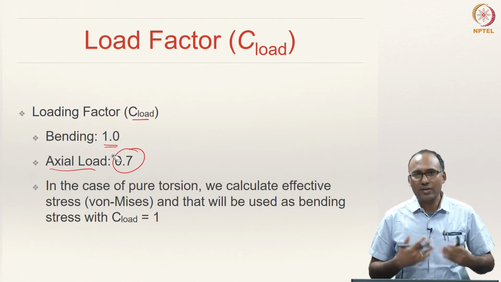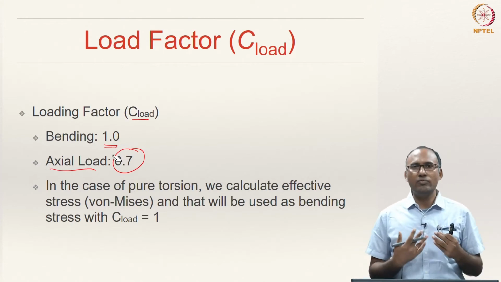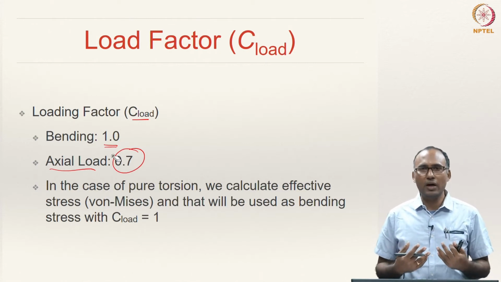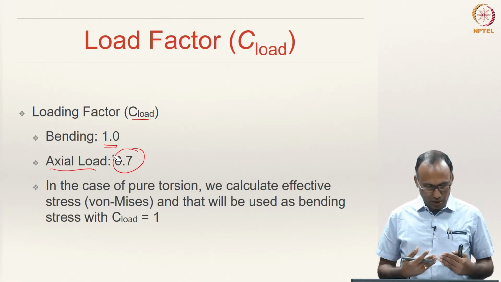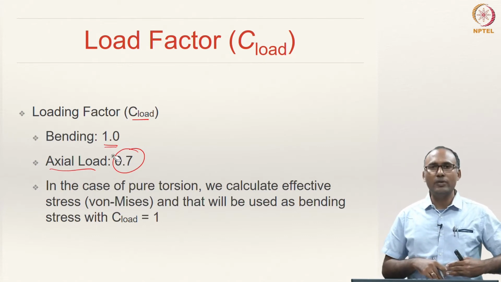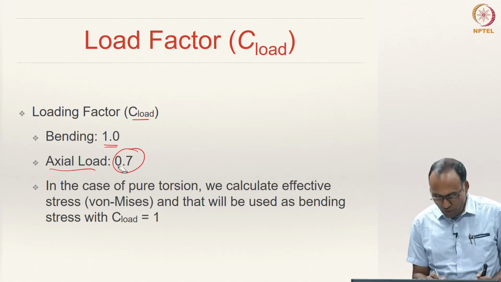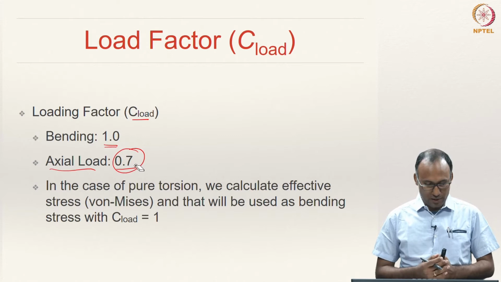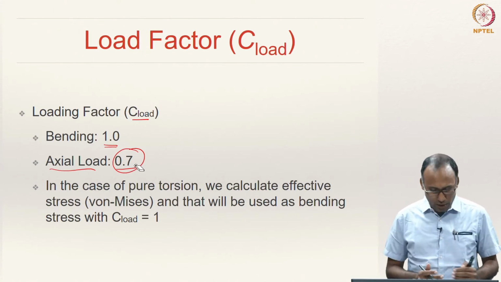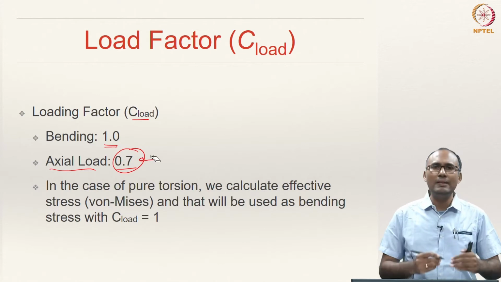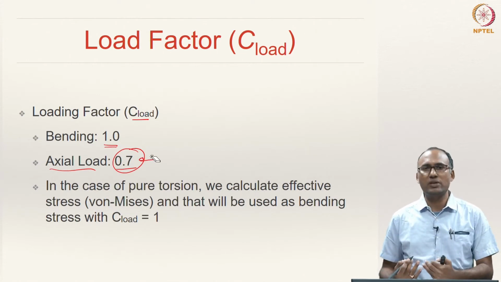People have done several experiments, observed the behavior of systems under different kinds of loading scenarios, and then prescribed such a load factor, which seems to work well with real life applications. There is no physical basis necessarily for choosing exactly 0.7. This 0.7 comes from experience.